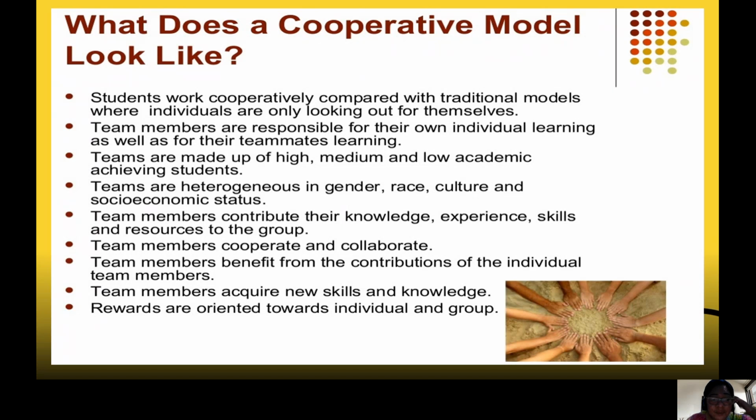Team members contribute their knowledge, experience, skills, and resources to the group. Team members cooperate and collaborate. They benefit from the contributions of the individual team members and acquire new skills and knowledge, and rewards are oriented towards both the individual and the group.